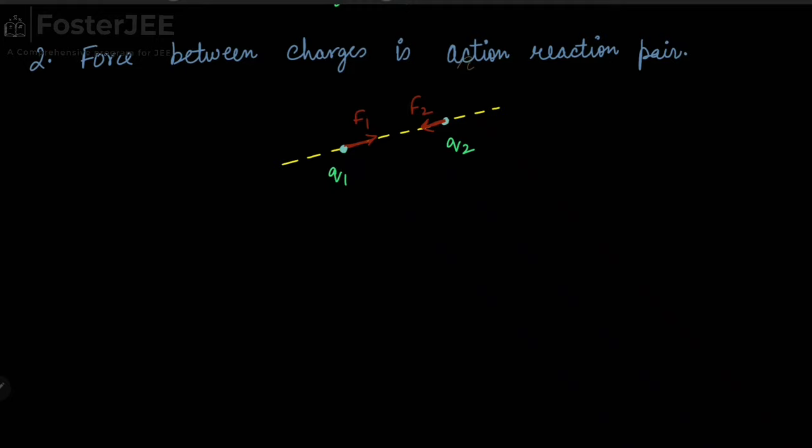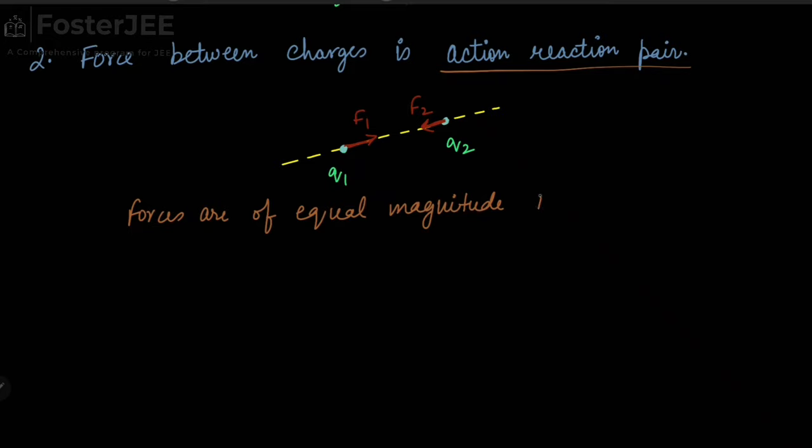Now, the meaning of an action-reaction pair is that the forces are of equal magnitude, that is, F1 magnitude equals F2 magnitude.